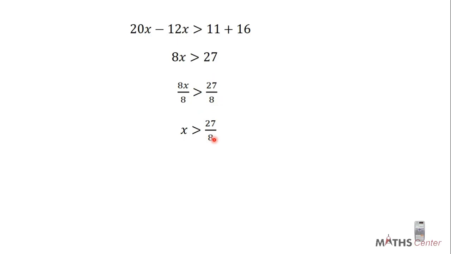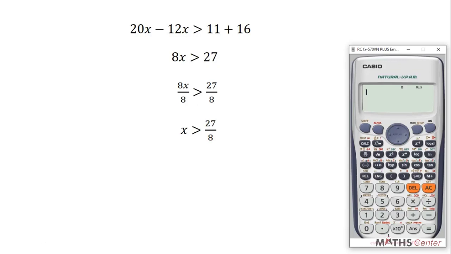Now when you get answers like this in linear inequalities, when you have your answers in fractions like this, we want to leave our answers in mixed numbers or mixed fractions. I'm going to show you how you can use your calculator to get your answer in mixed number or mixed fraction. So if you want to do that, just switch on your calculator.